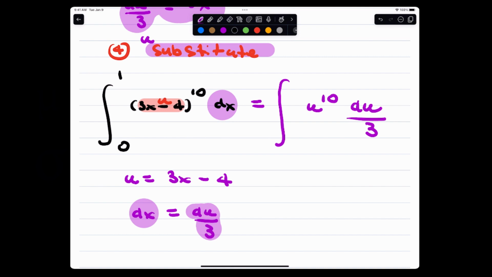What do you know about that 3? Isn't that a constant? I can pull out the constant by my properties. Can I pull out that 3? Isn't that 3 a denominator? So it's now 1/3.